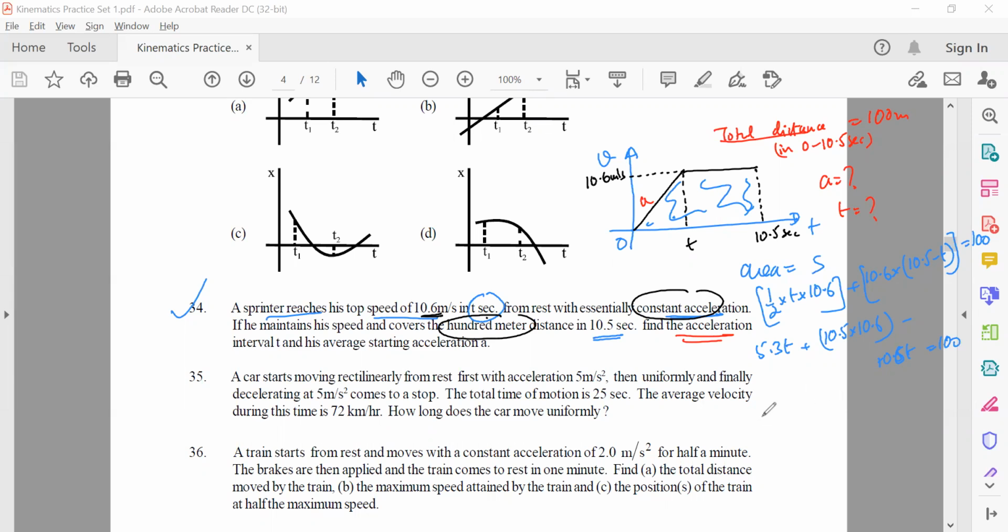So 5.3 t will be 10.5 into 10.6 minus 100. From that you'll get the value of t, and once you have t, 10.6 meters per second is equal to acceleration into time, so you can get the acceleration.